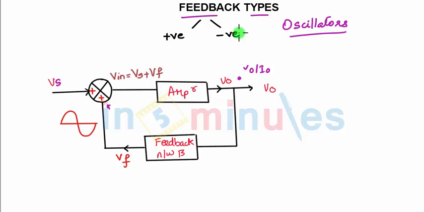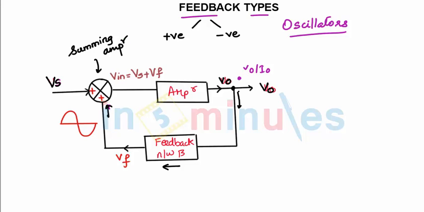In the given diagram, Vs is your input voltage and Vo is the output voltage. A part of the output voltage is taken back from this point and given back to the summing amplifier, where we are adding both the signals.